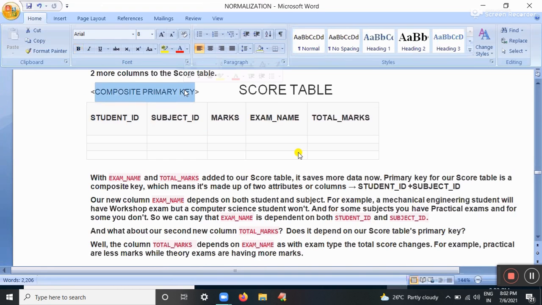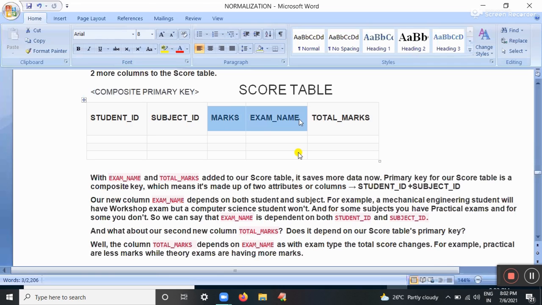The remaining non-primary key columns are marks, examination name, and total marks.